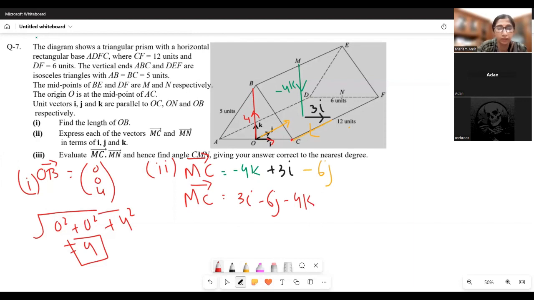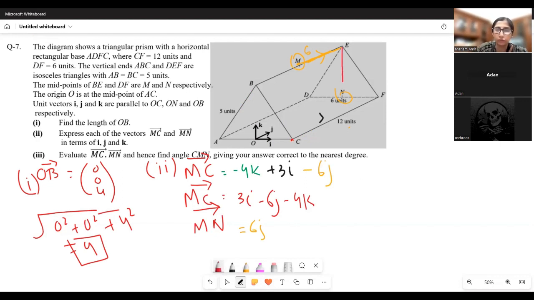Okay. Next we need MN. I have to go from M till N. Okay, from here to here. So we go this way. This is the J direction, and half of 12 is 6J. So 6J, and after that we come straight down.